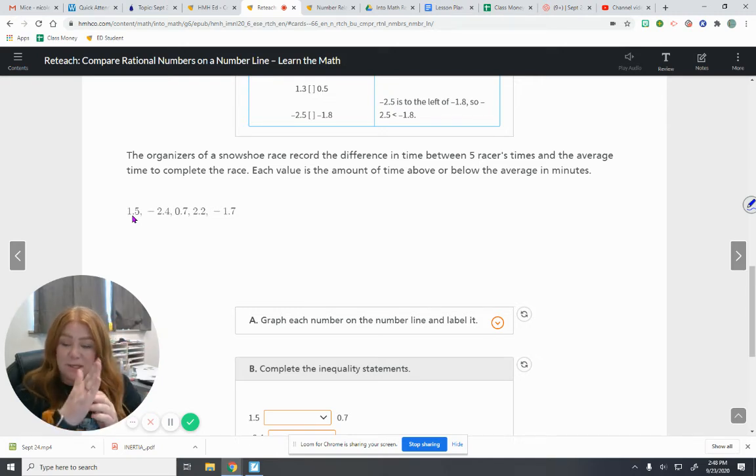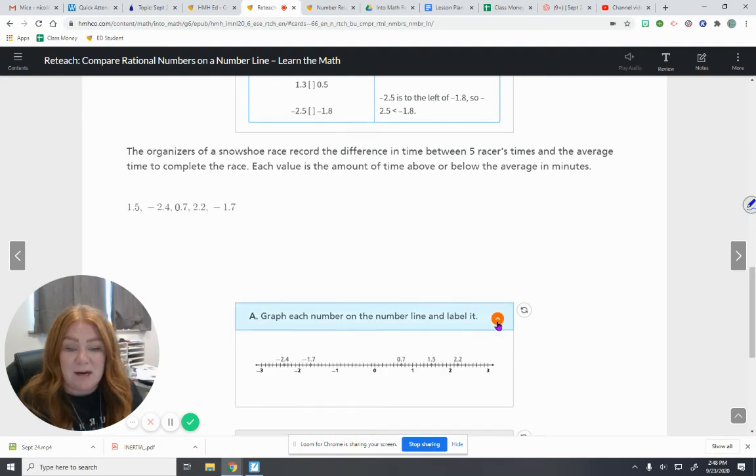Negative 2.4 is going to go 1, 2 to the left, and 4 more little tick marks. 0.7, I know, isn't even to the 1 because it has a 0 in front, and 7 more little tick marks. 2.2 is going to go 1, 2 over, and 2 more places. And negative 1.7 needs to go to the left, 1 whole place, and 7 more.